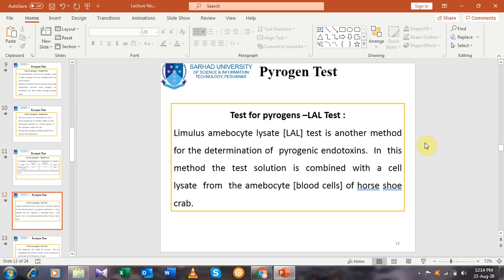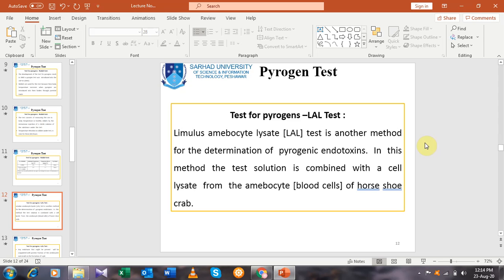Remember that it is an in vitro test, while the first one, on the rabbit, is an in vivo test. In vitro means outside the living organism, while in vivo means within the living tissue or living organism.